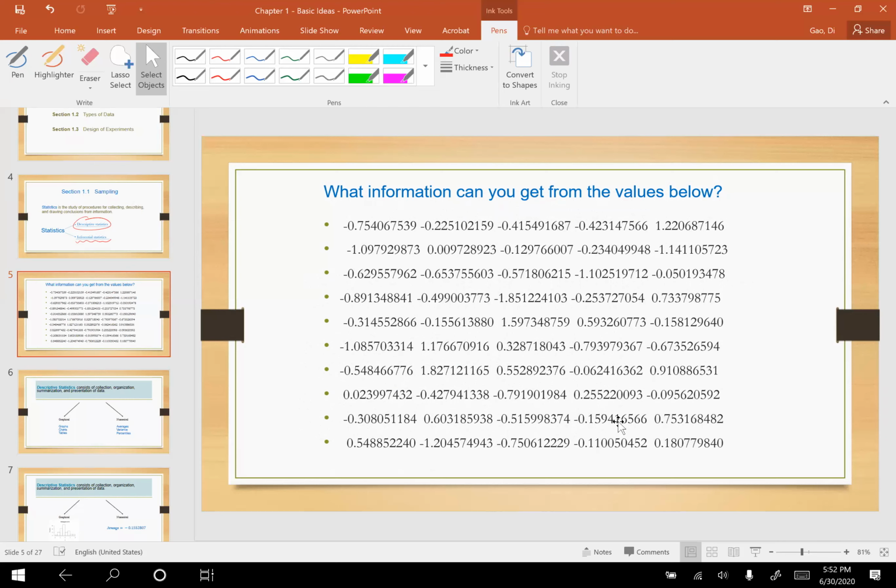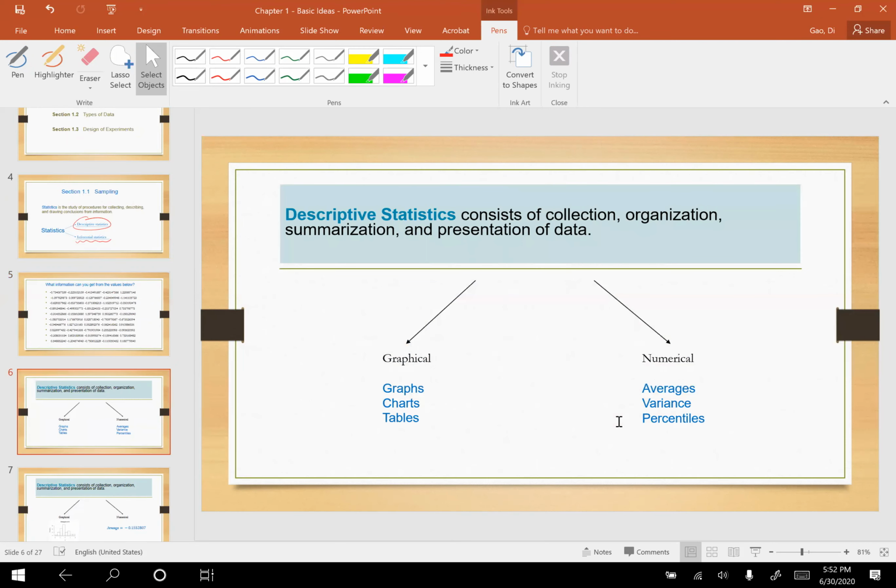But actually, these are values, data. So we definitely can get some information from it, just how to get it. So then we're going to talk about descriptive statistics. Descriptive statistics consists of collecting, organizing, summarizing, and presenting such data.